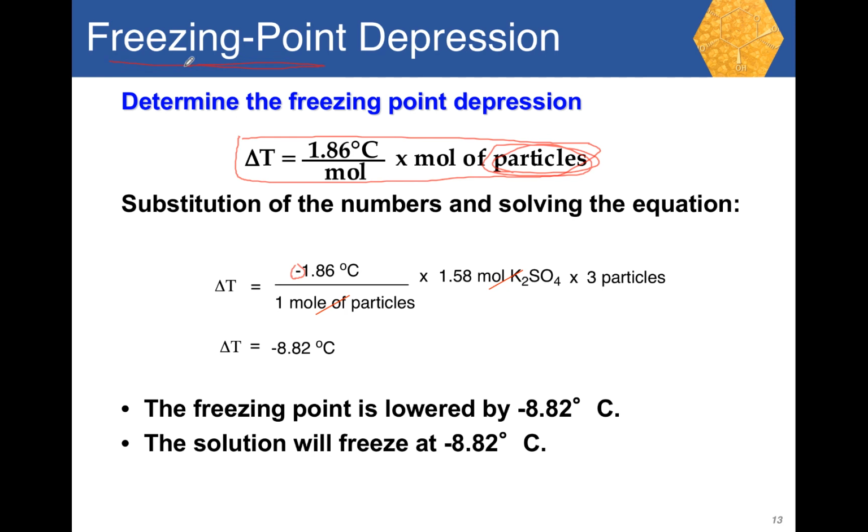And of course here we have 1.58 moles, but now we have 3 particles, 2 potassium and 1 sulfate. After you do the math, you end up with minus 8.82 degrees as the freezing point of that solution. So it's no longer 0 degrees C, but negative 8.82 degrees C, freezing point depression.